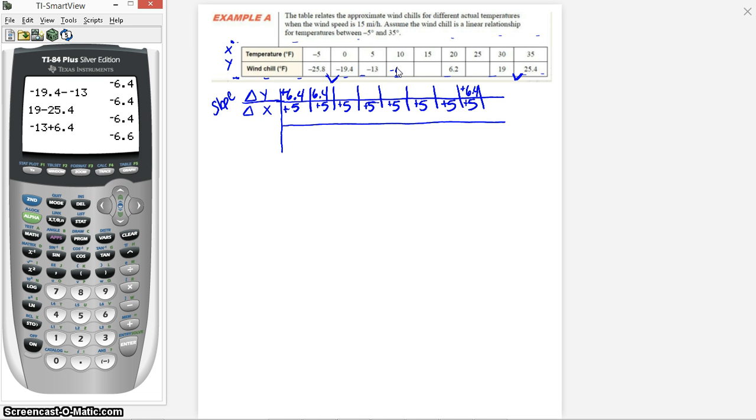And between there and the next one, I'm going to add 6.4.